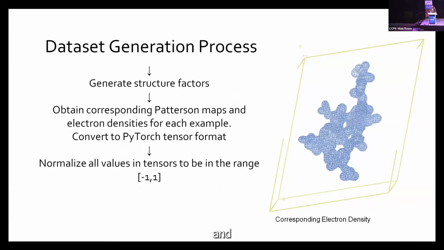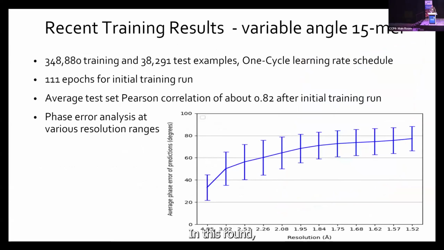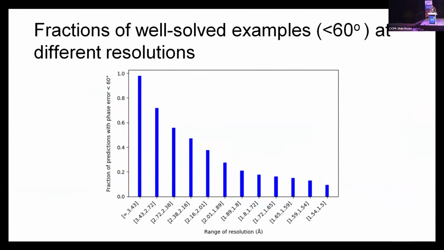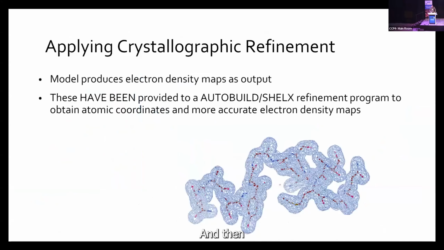In this round, we again got to 0.82 mean phase error, and again we're able to get some predictions that match fairly well. And again, we can use that for auto building.